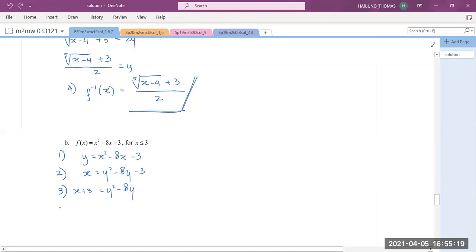I will add 16. So x plus 3 plus 16 equals to y squared minus 8y plus 16. That is x plus 19 equals to y minus 4 squared.